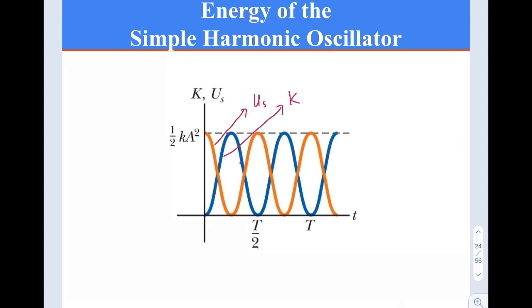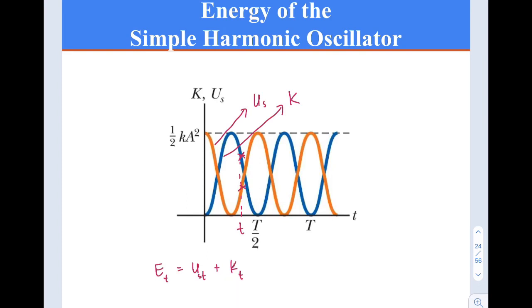Let's say we take a look at this time, t. At any instant, it's actually a combination between two readings. So E at time t is equivalent to U at time t plus K at time t.